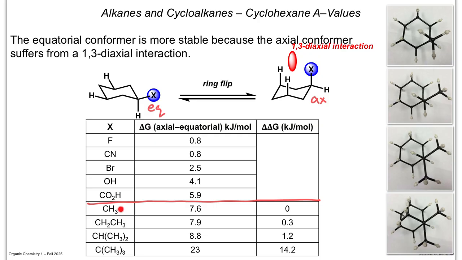So we're going from methyl, then we're going to substitute an H for a carbon to make ethyl, do another one for isopropyl, and then another one for tert-butyl. So that central carbon there is the carbon that is bonded to the ring, and then you have these groups sprouting out from it.